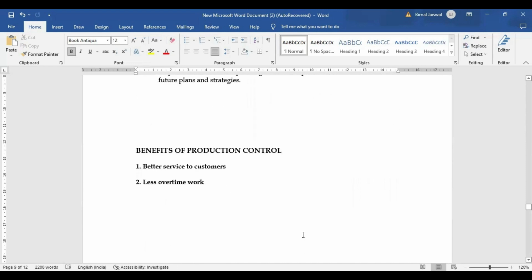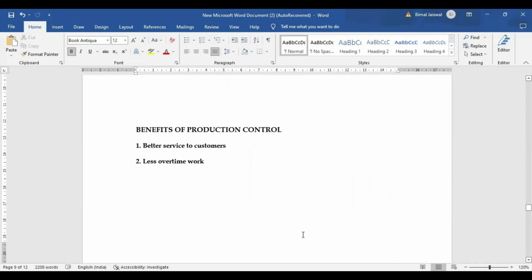Now, what can be the benefits of production control? The first is better service to customer. See, the basic objective of the company is to provide the ultimate desired product to the customer.